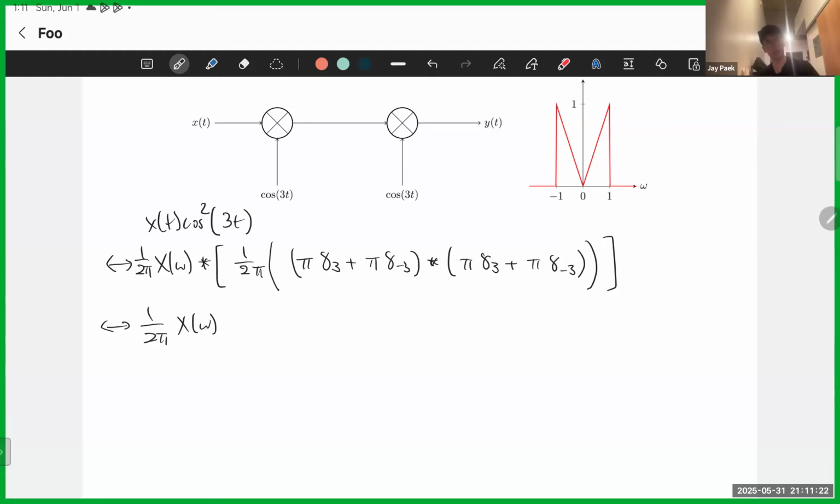And remember, we can treat delta functions like polynomials. In a certain sense, they're basically polynomials. Please refer to discussion 7 or 6, where I discussed multiplying and convolving delta functions very quickly. What we can do is first use bilinearity of the convolution and pull out all the pi's. So we get pi over 2, and we only get the delta functions left.